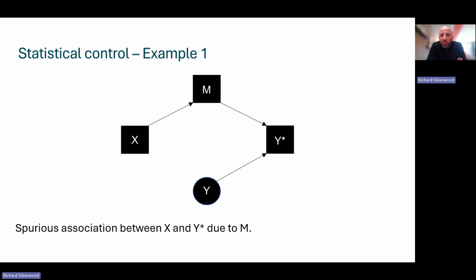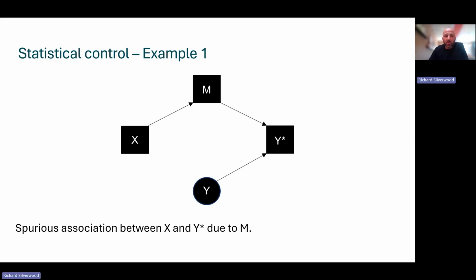So we've got our observed Y star here. We might start by fitting a regression model of Y star on X. Here, because of this open path from X via M to Y star, we wouldn't obtain, through fitting a regression of Y star on X, the null estimate that we would expect.